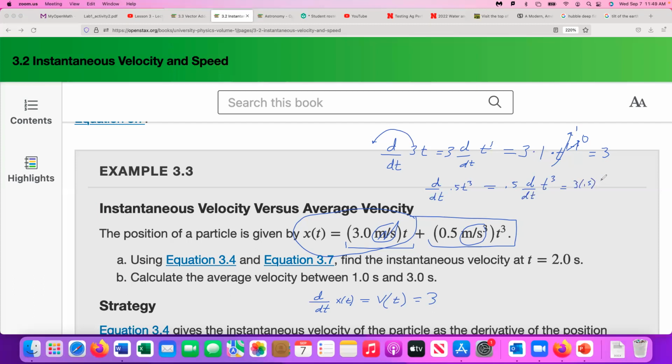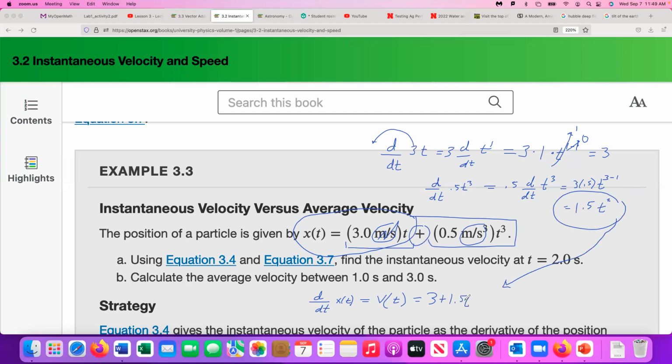And then you rewrite the function with that number in it again, minus 1. So 3 minus 1. Simplify this, and 3 times 0.5 is 1.5. And then the t to the 3 minus 1 is t squared. So there's our second term derivative. That goes down here. We're adding, and the sign goes with it, so you have to make sure these signs come through. So this one is plus 1.5 times t squared.